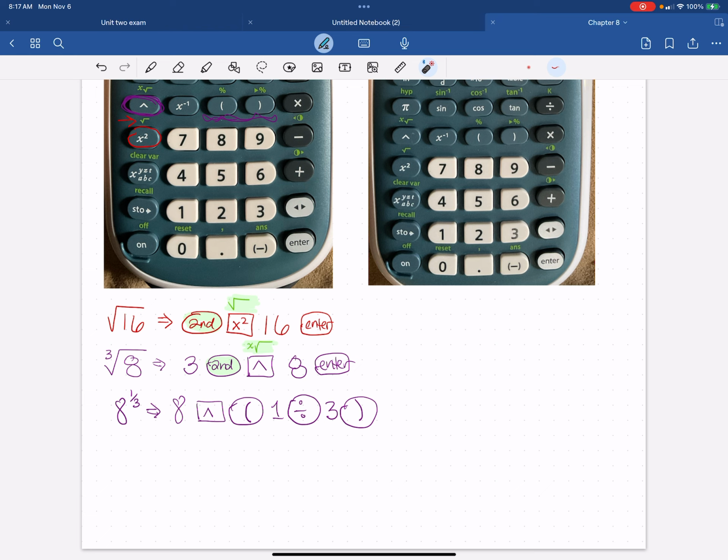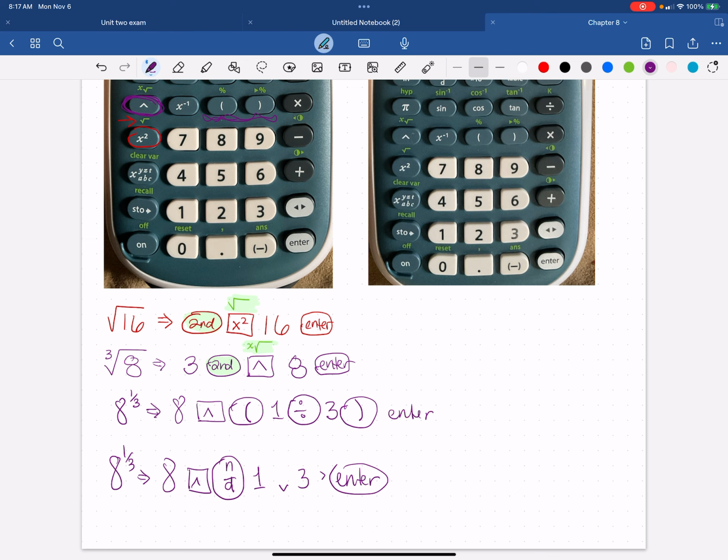Okay, I just checked on my calculator, we can also go 8 to the 1/3 can be 8 raised to the, and then you use your fraction key, 1, and then I had to use my arrow down, 3, and then I did a right arrow and then enter. And this displays 8 to the 1/3.